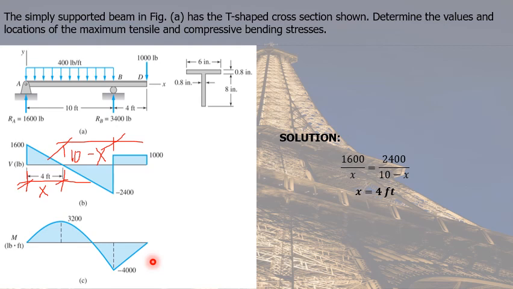So we have 1/2. Our base is 10 minus x, which is equal to 10 minus 4, which is equal to 6. And our height will be negative 2,400. That is equal to negative 4,000. So from positive 3,200, we go down to negative 4,000.